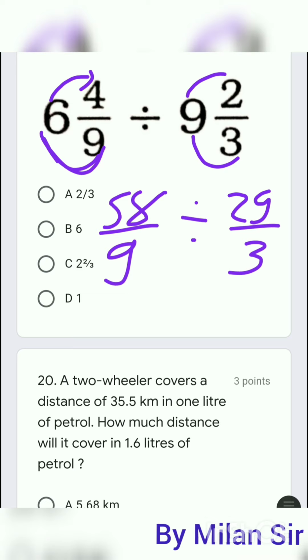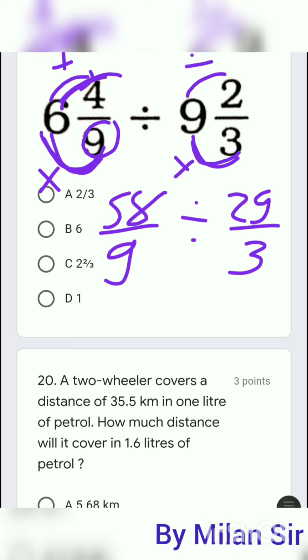First of all we need to multiply 9 by 6, 54, and here we need to add this 4. So 58, and denominator 9 remains as it is. Here 9 3s are 27 plus 2, 29 divided by 3.